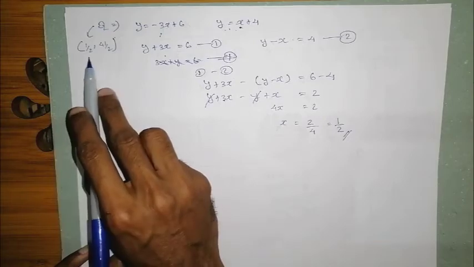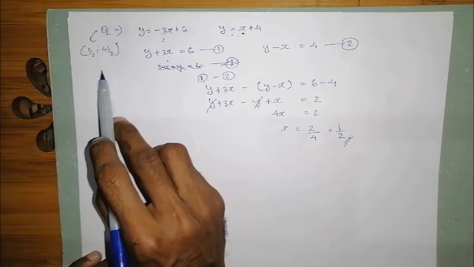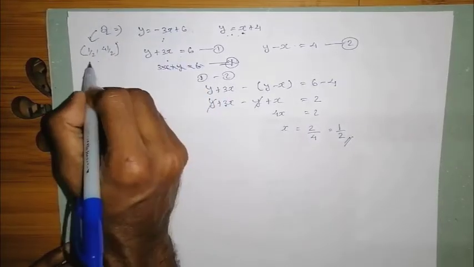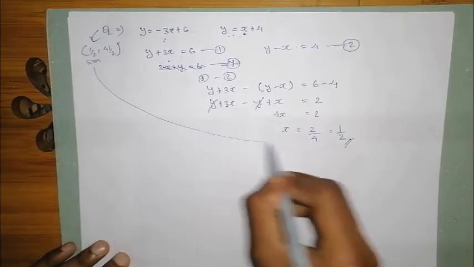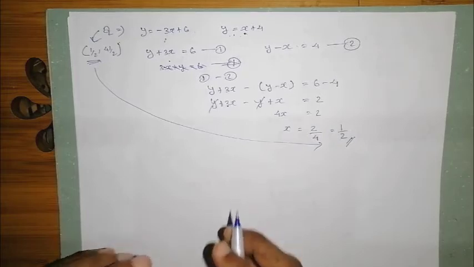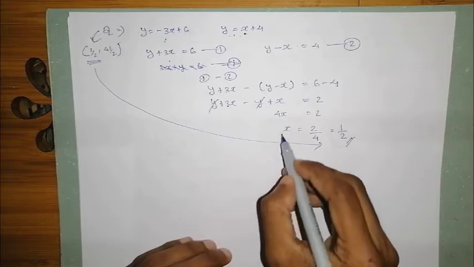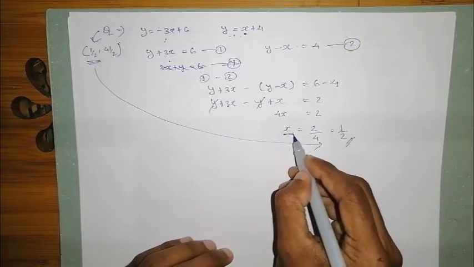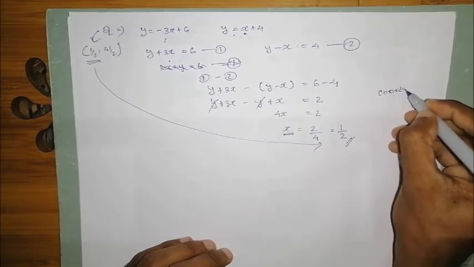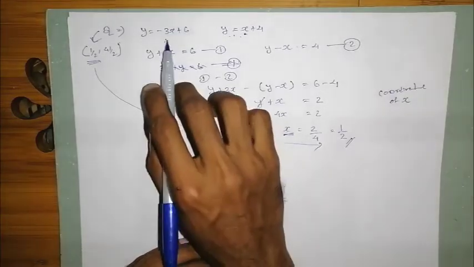If we check the coordinates of the point Q that we selected, the x coordinate is also half. So the theory is: if you solve a simultaneous equation, the value of x will always be the x coordinate.